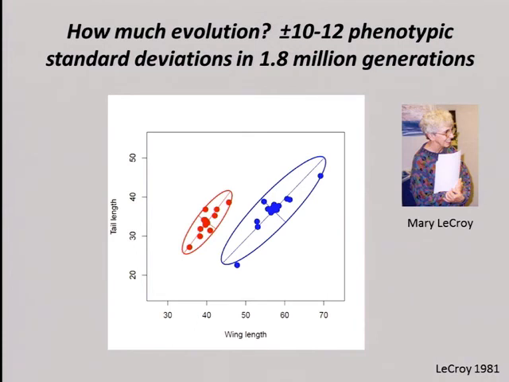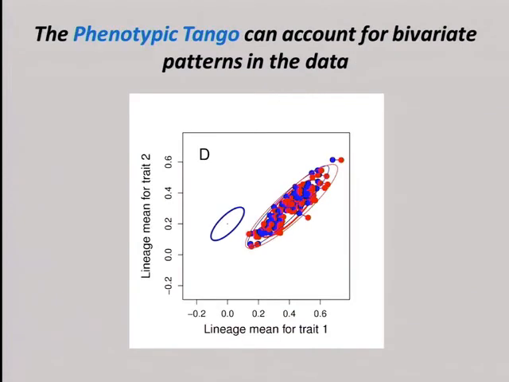So this tells us how much differentiation we expect as a function of time in these birds, out to the full length of the radiation, 1.8 million generations. Notice that before, I showed you perfectly round clusters of means.